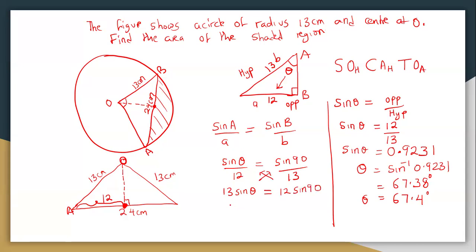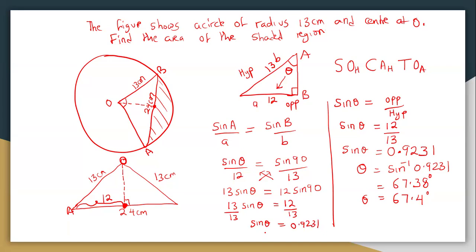Then I continued with 13 sine theta is equal to 12, and then I divided both sides by 13, and then sine theta is equal to 0.9231.